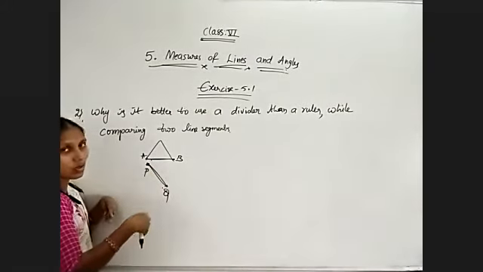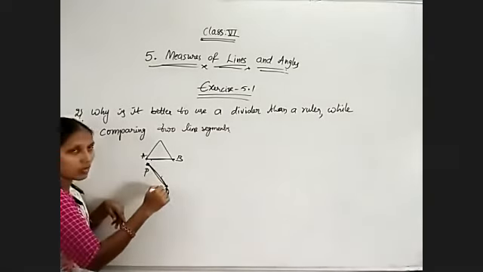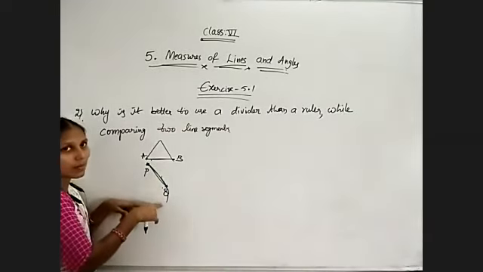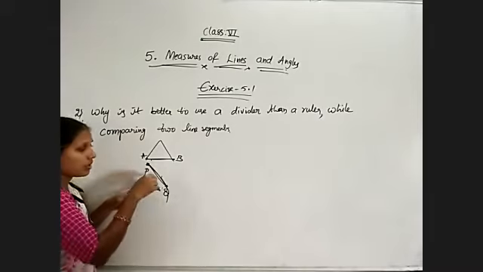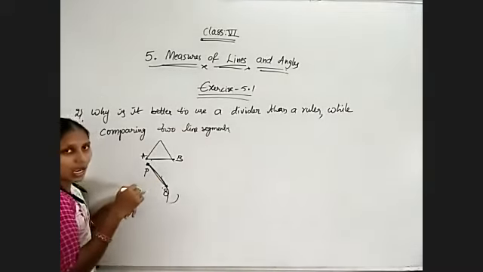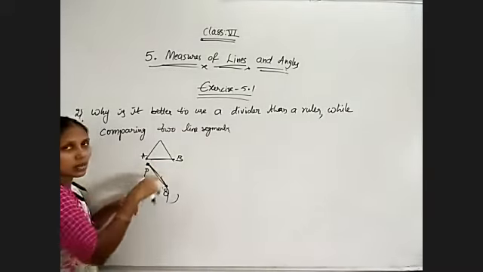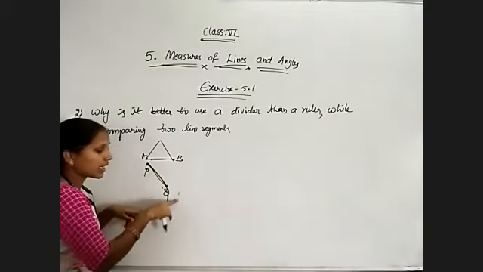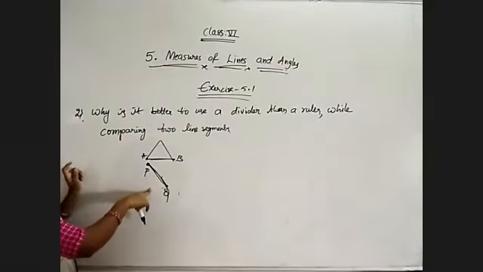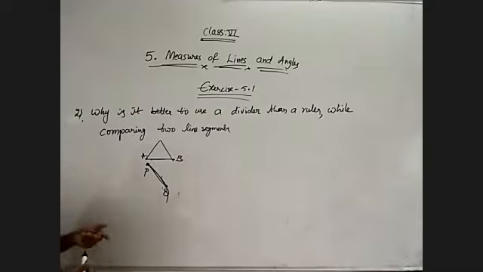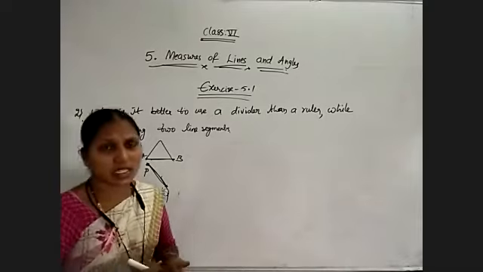If it is more, PQ is more, AB is less than PQ. If you are getting the arc outside, then AB is more than PQ. If you are getting equal, then AB is equal to PQ. Directly we are telling that. We are not going for mentioning their measurements.